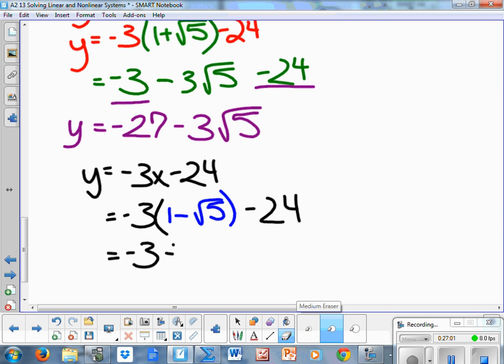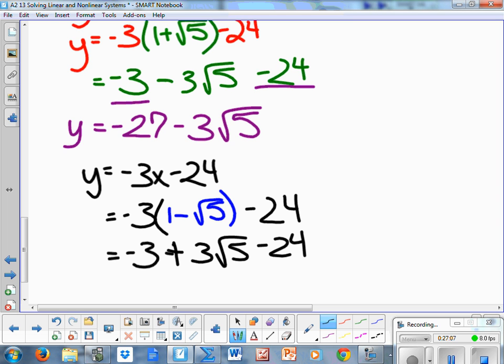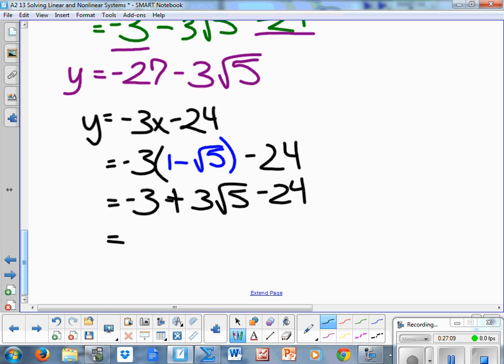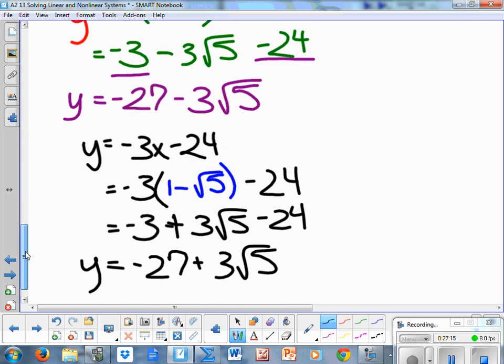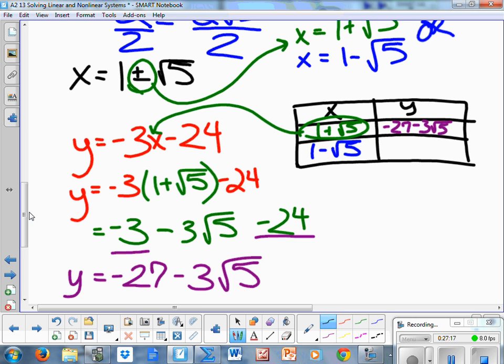Let's erase that and rewrite it just to be clear. So this one, I get a negative 27 plus 3 square roots of 5 equals my y value. So this is my y value that matches this one here. I only changed this, so for each of these, only the sign changed.